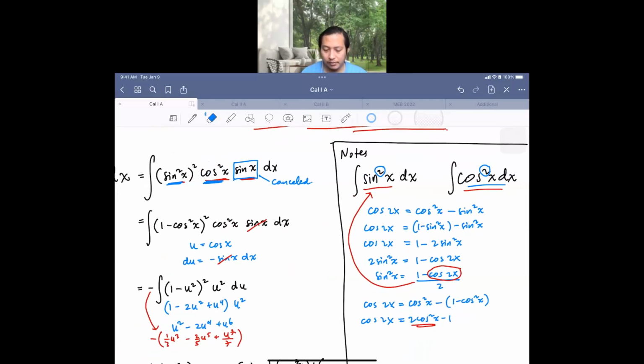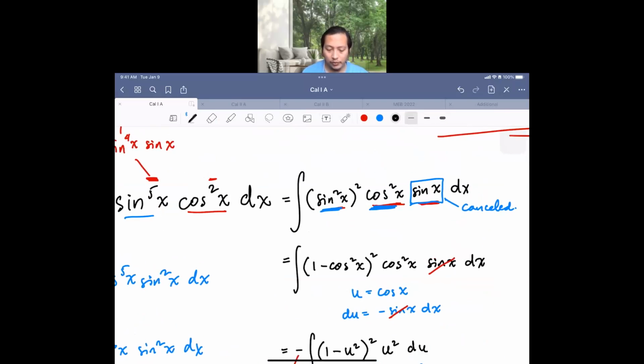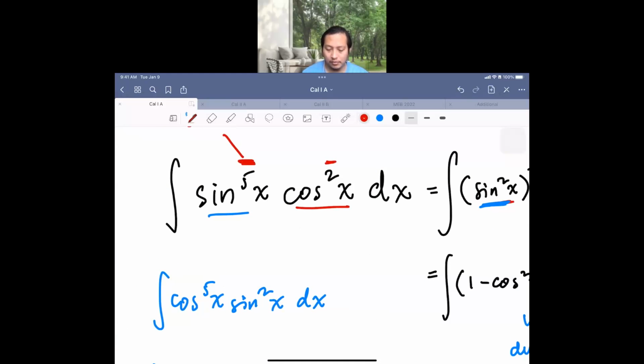It's a different case from what we have here. What we have here is two different functions. If we change this to double angle, then we are going nowhere, right? We are still stuck with this sine with power of 5, still no clue here.